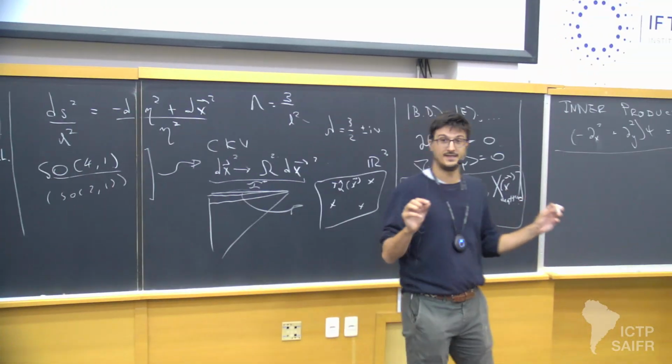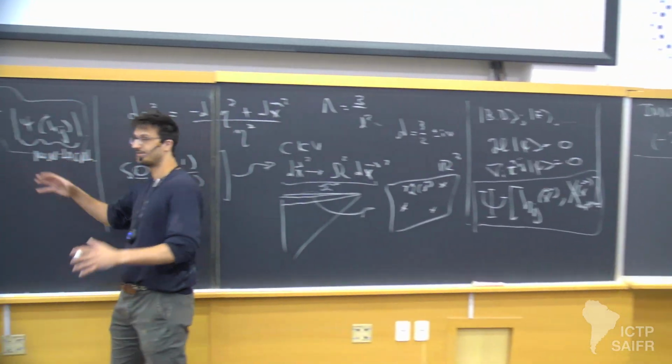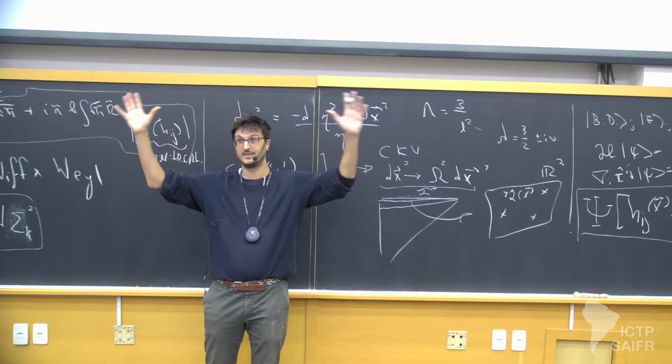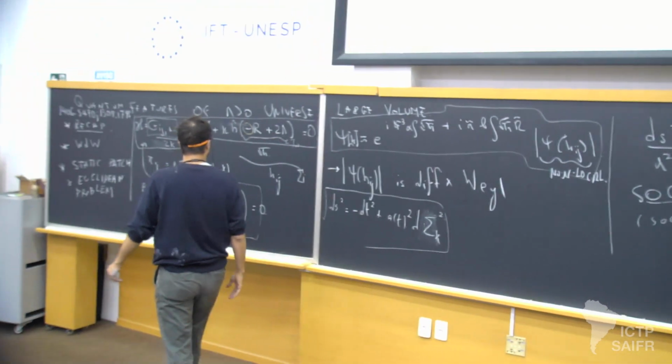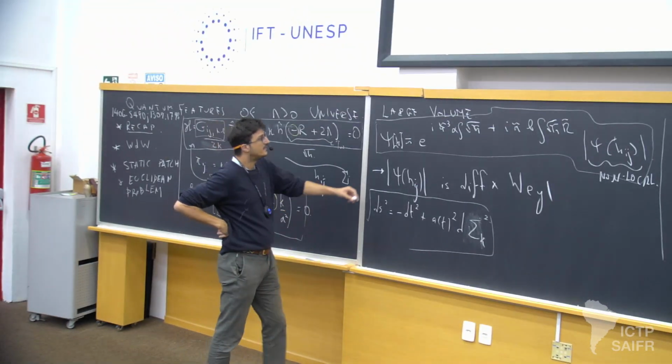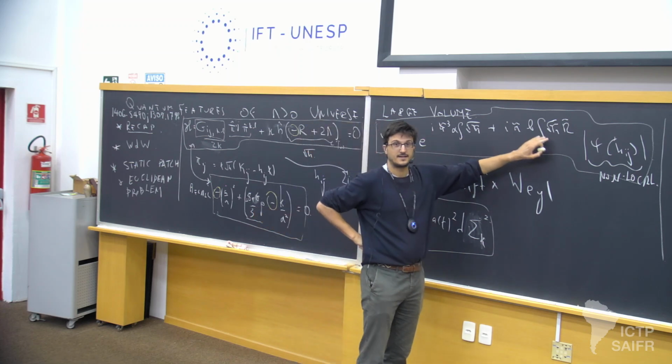In other words, it's a functional that's insensitive to the overall scale of the induced metric along the surface. Now, this is interesting because that means that the overall scale is only affecting the local terms.